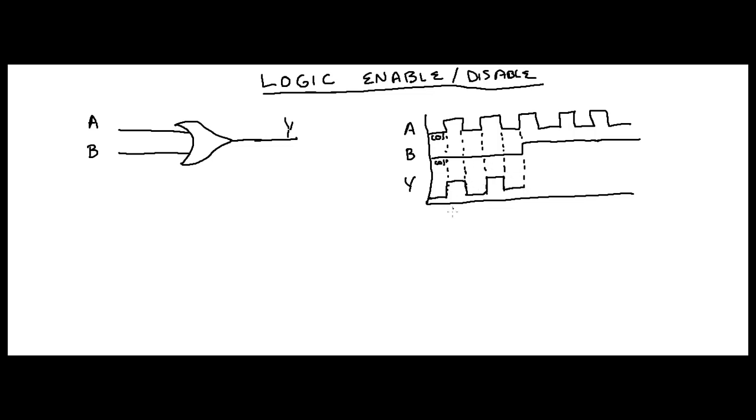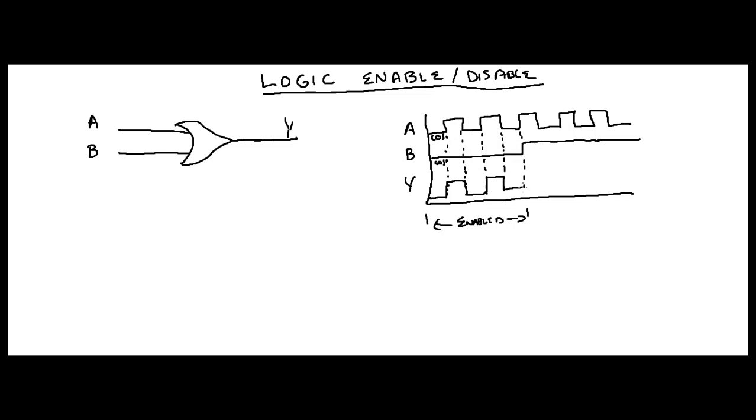Now, obviously, you can see from this point to this point, this gate is enabled, isn't it? It's just allowing the signal to go through, right? Because the signal here for Y is identical to the signal for A. Now, what happens when B goes high?